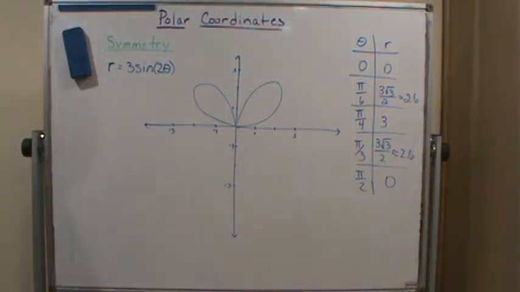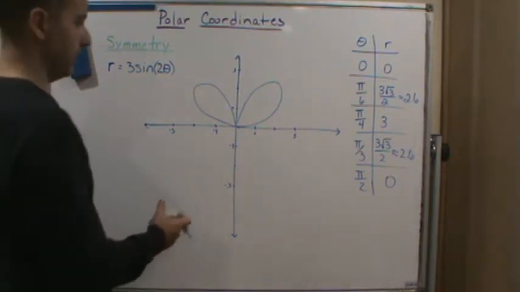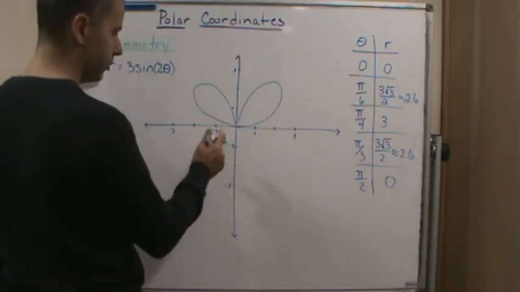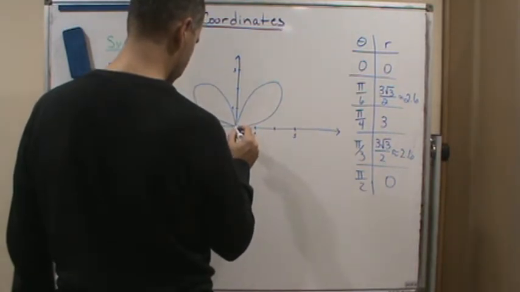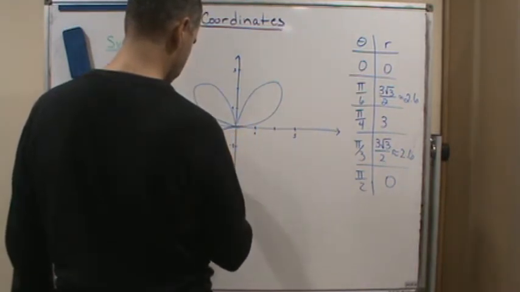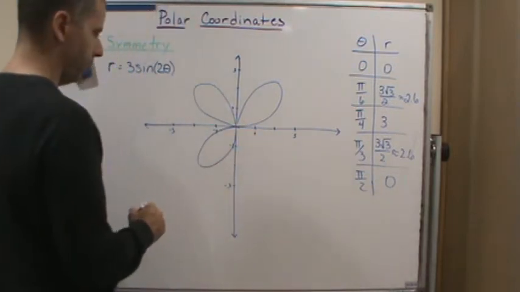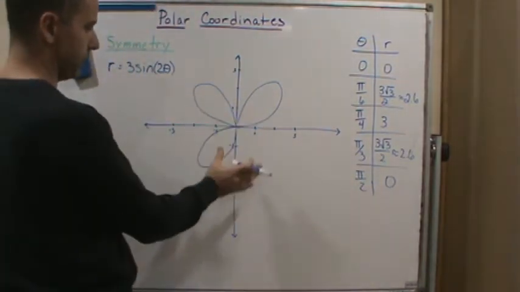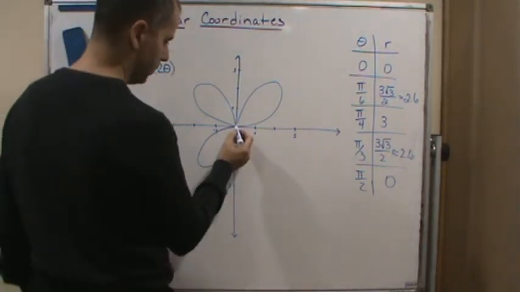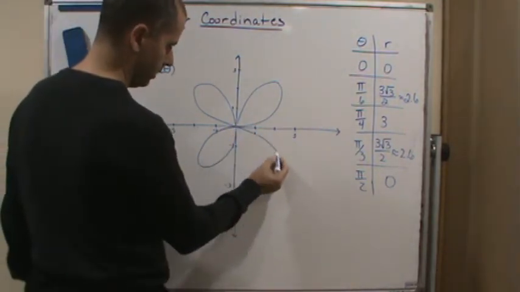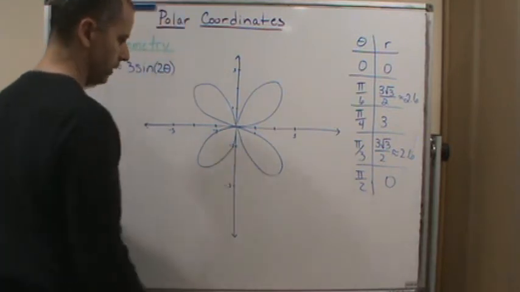And then I also know it's symmetric with respect to the origin, which means this will flip over here as well. But then it's also symmetric with respect to the polar axis, which means I'm going to get something like that.